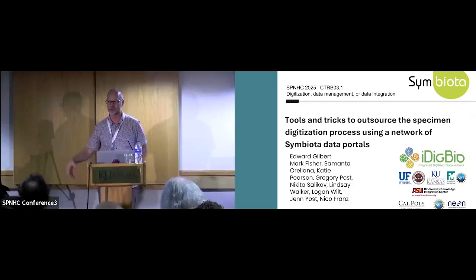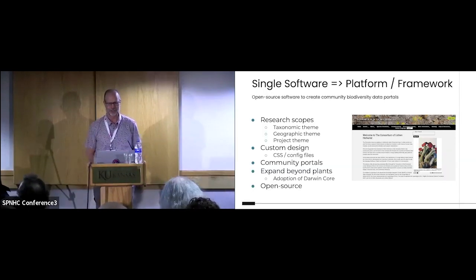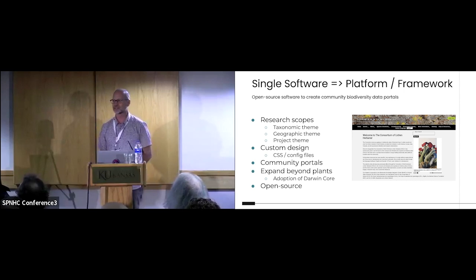Okay. Good morning. I'm going to talk about how you could outsource specimen digitization into a Symbiota portal, so move it out of doing it within your own collection into a collaborative portal. Symbiota is software that's available on GitHub. You could download it.